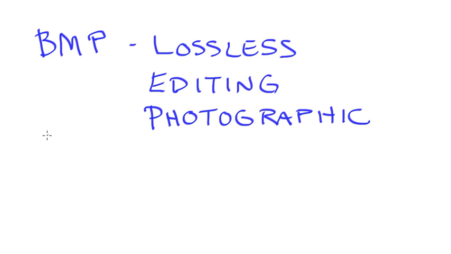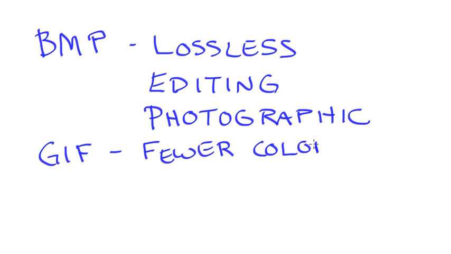Another type of bitmapped file format is the GIF or GIF. I've heard people pronounce it both ways. It is a bitmap file format intended for images that have fewer colors and areas of the same color. And what I mean by fewer colors is those that are less than 256.